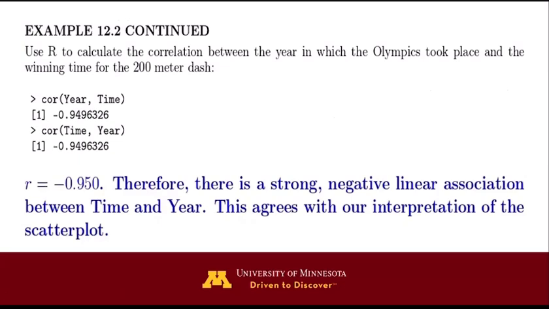How do you compute correlation in R? If you want to compute correlation in R, let's go back to the example on the winning time for the 200-meter dash in the Olympics, and the year the Olympics was actually held. Don't forget the winning time is the lowest time ever in that particular Olympics.